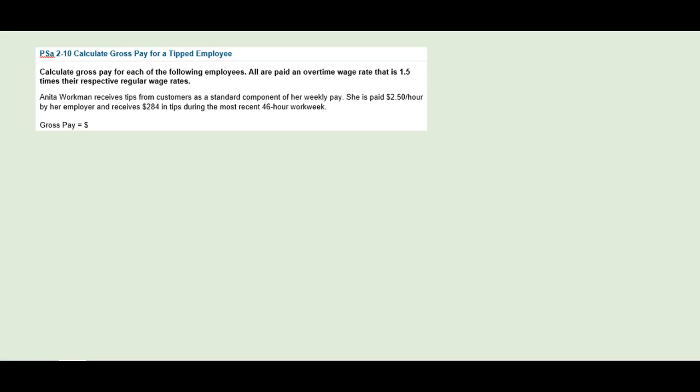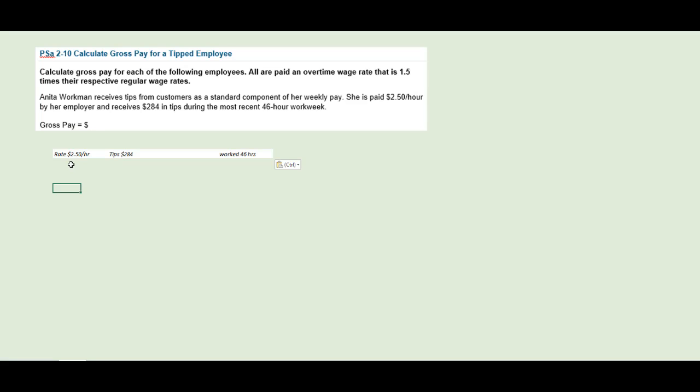And gross pay we know is regular wage plus overtime wage, in this case it's 6 hours, plus any other types of wages such as bonus, commission. In this case, it's tips. First, let's lay out the information. As always, we do that, and here it is.